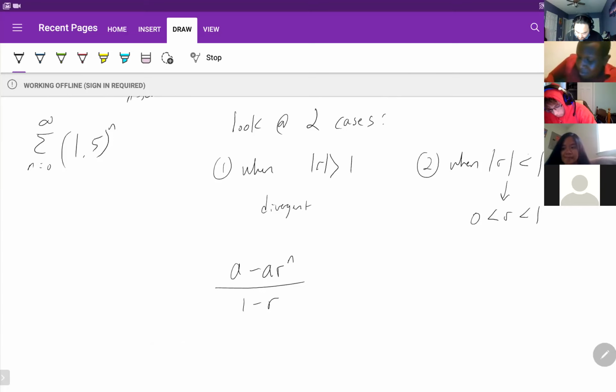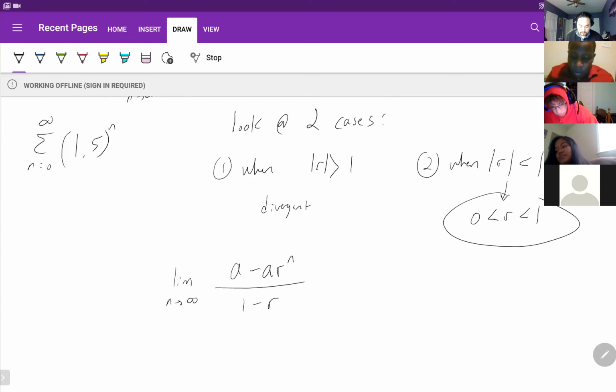So what we're saying is, what happens when the limit as n goes to infinity of this guy when R is a fraction? When R is a fraction, that will go to 0. It'll converge to 0.